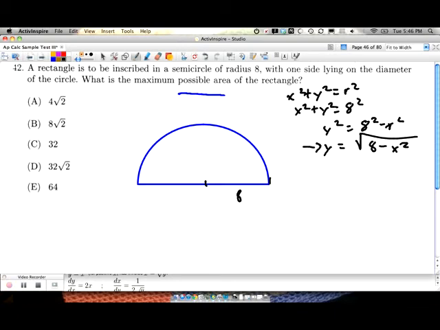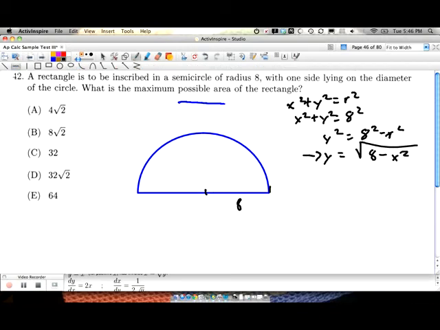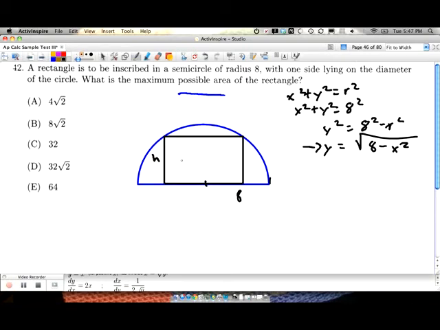And that's going to come into play in a second, because if I put a rectangular box inside of this circle, I need to find the area of this box. Well, the area of any box is base times height. So here's our height and here's our base.